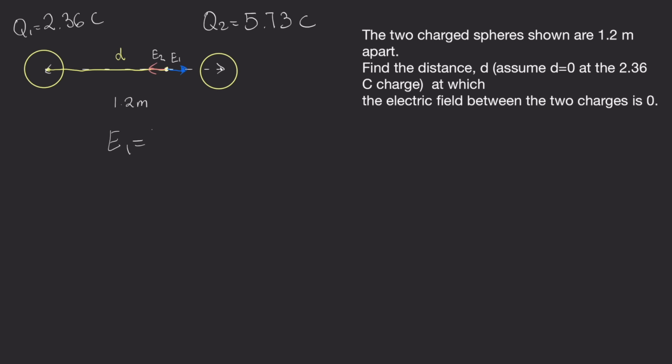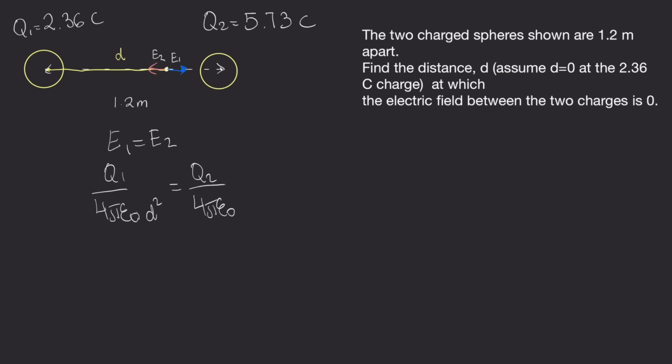Because we're dealing with radial fields, we can say that Q1 over 4 pi epsilon naught R1 squared. Now, what would the distance actually be? So the distance from the first one will just be d, so we can say d squared will be equal to Q2 over 4 pi epsilon naught.